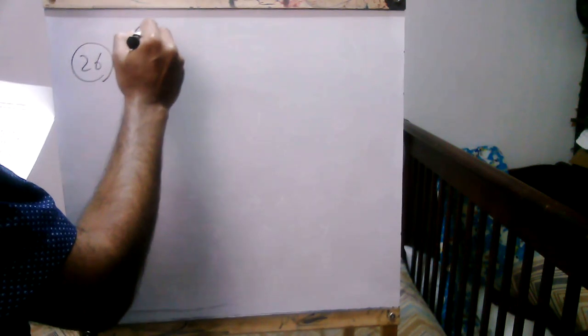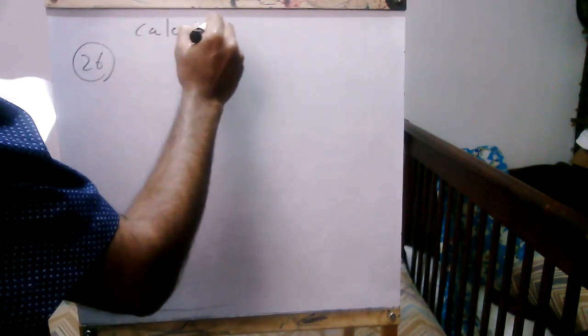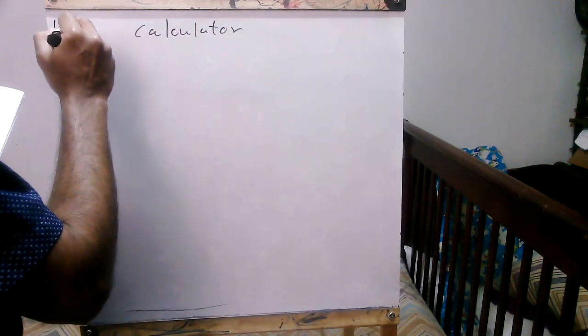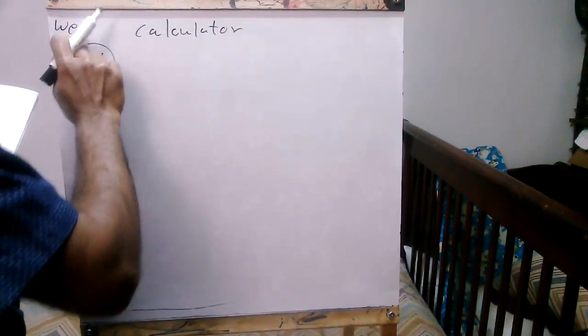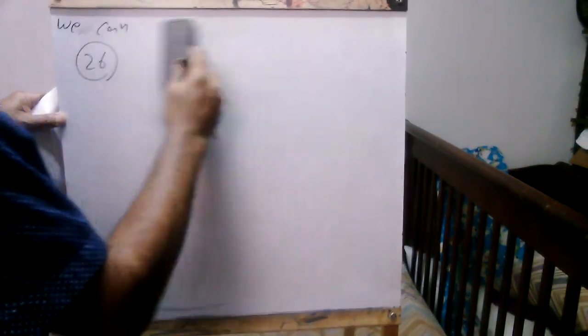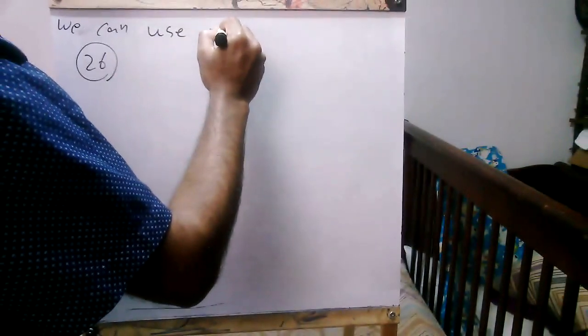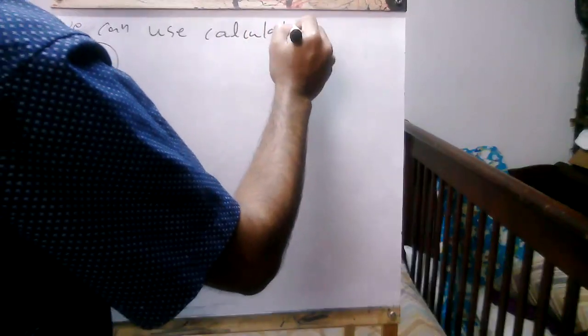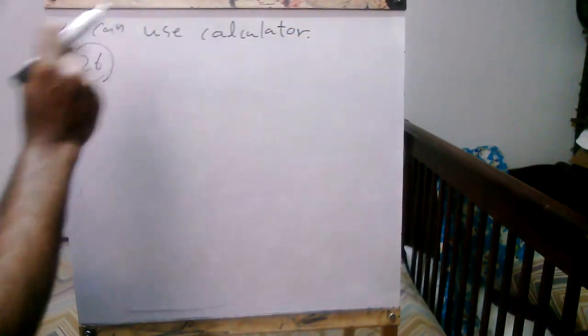Now with 25 we conclude the first part of the test. From 26 onwards, these are calculator questions. That means we can use a calculator.